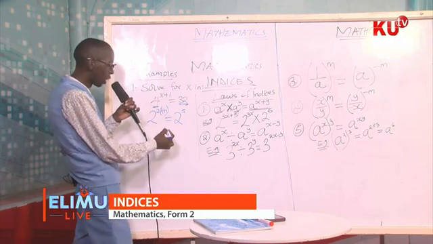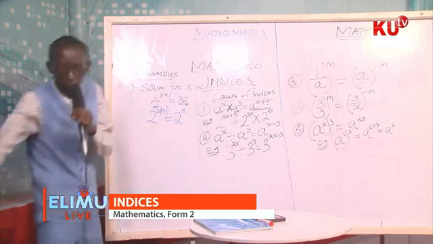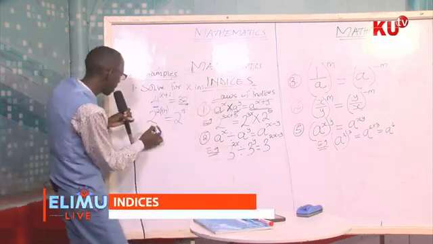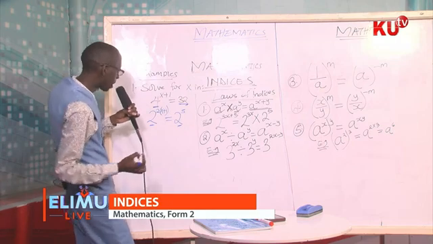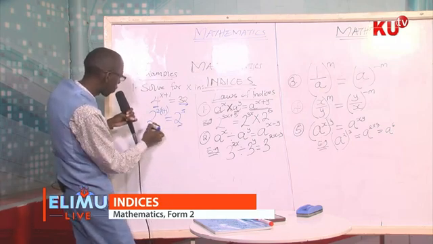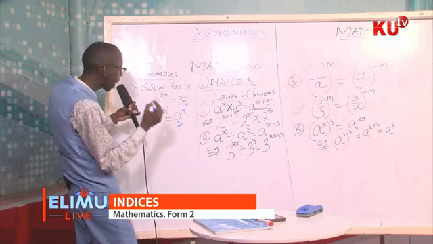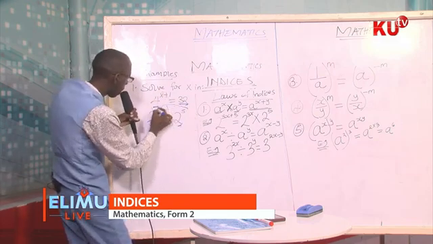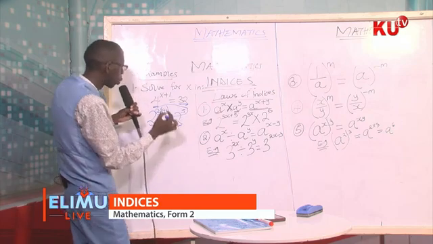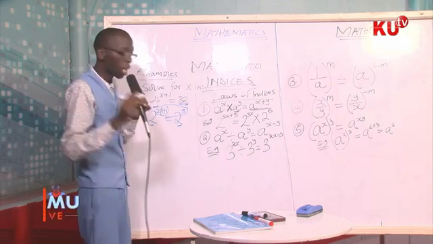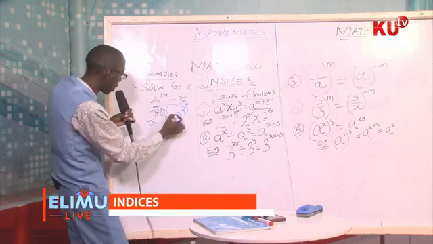Now, my dear students, the bases are the same. If the bases are the same, we equate the powers. Do not equate the powers if the bases are not the same.